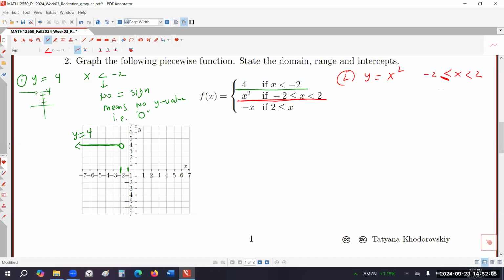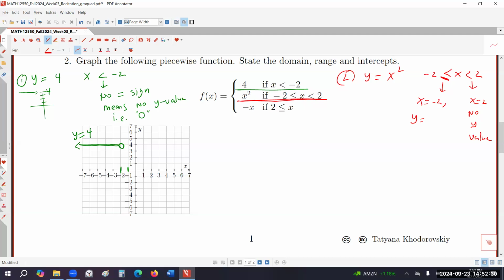Observe they gave us an equal sign here. So when x is -2, we do have a y value. But they did not give us any equal sign for 2. So when x is 2, no y value. I mean, we're supposed to have a y value, but we don't get it, instead we put a hole.